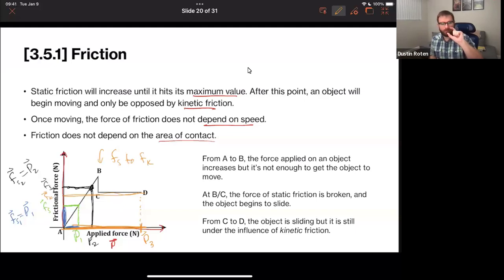That's when your static friction breaks, when the thing starts moving, and then you switch to kinetic friction. At that point, you get this drop from static friction, all of a sudden it becomes kinetic friction. Everything over here is static friction, and everything over here is kinetic friction. So you'll see finally the push is going to be greater than that kinetic friction that's opposing it.